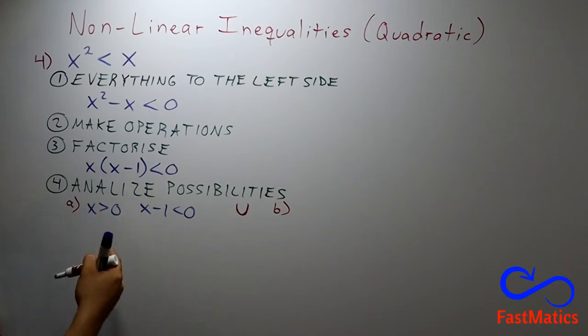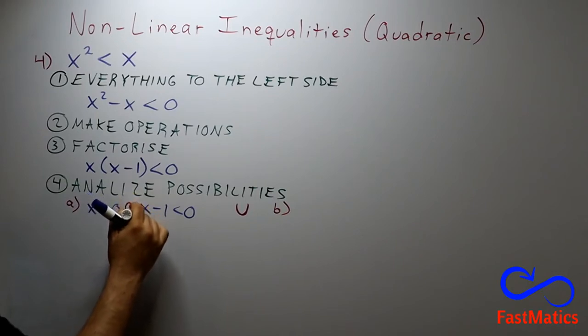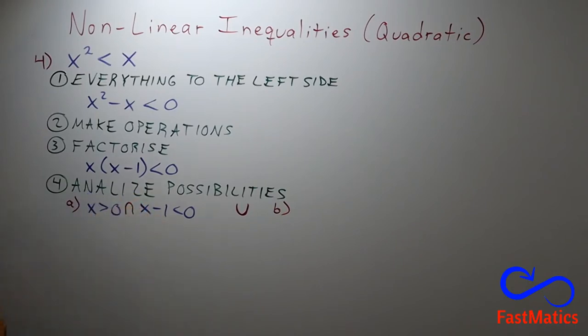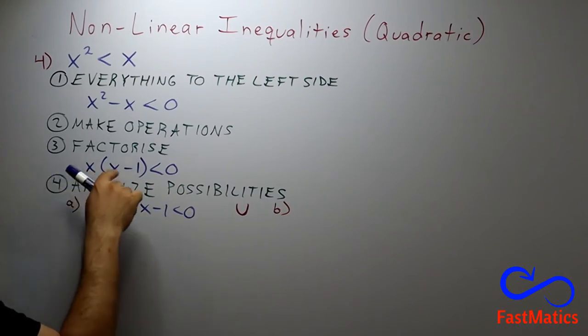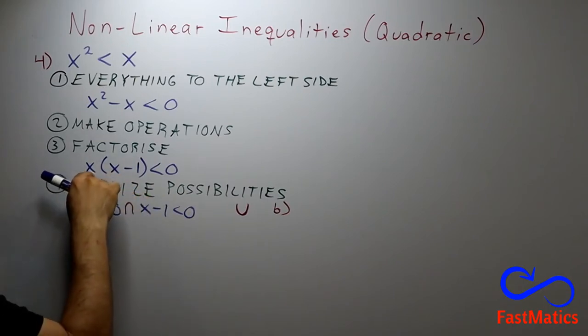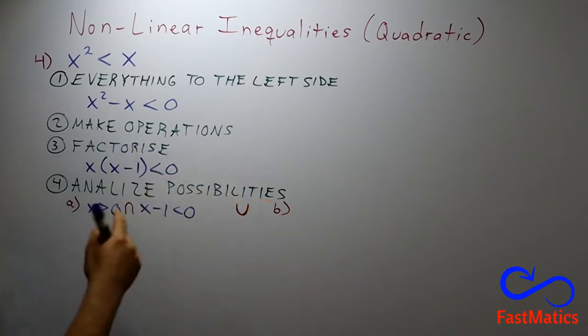When in math you say something and another thing, you put intersection. The other possibility, this negative and this positive, because negative times positive will be less than 0, negative.